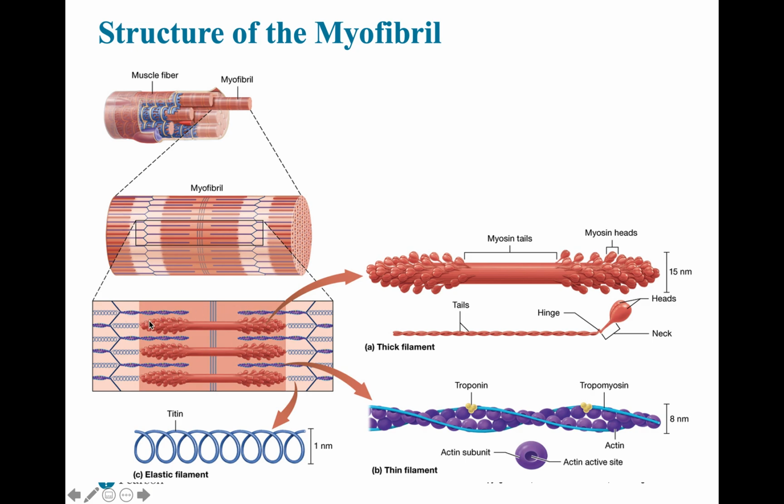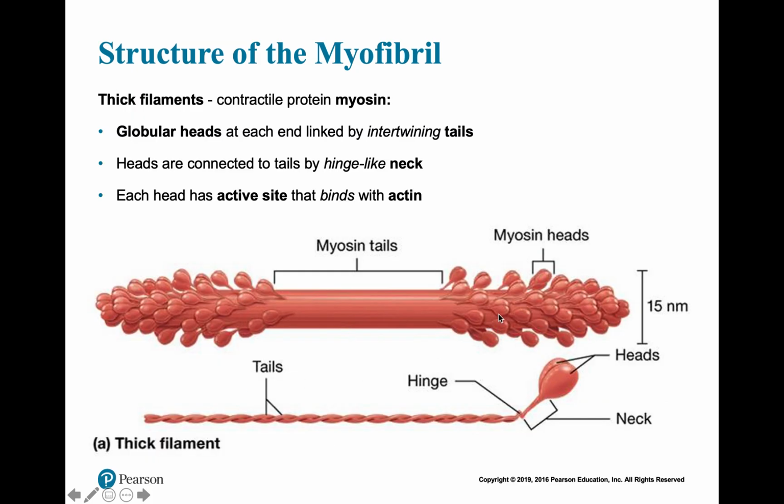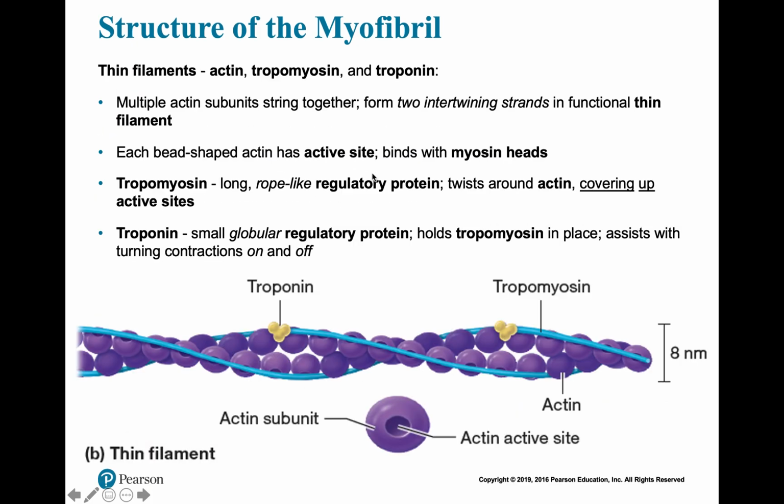And then same on this side too. These globular heads from myosin attach to actin, pivot and move it in. Attach, pivot, move it in, and slide this actin towards the midline. All right, so that's what it means by hinge-like neck.